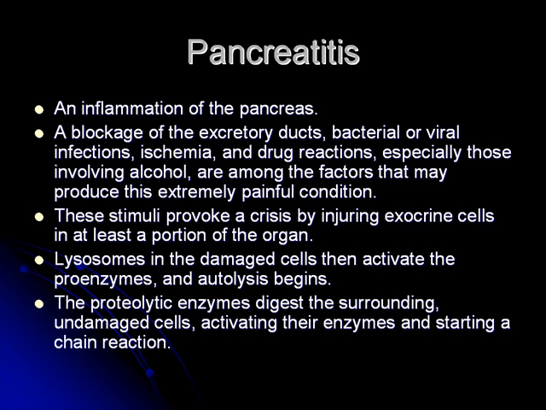These stimuli provoke a crisis which can injure exocrine cells and at least a portion of the organ itself. Lysosomes in the damaged cells then activate the proenzymes and autolysis begins. Basically, the digestive enzymes of the pancreas itself begin to destroy the pancreatic tissue. Proteolytic enzymes digest the surrounding undamaged cells, activating their enzymes, starting an awful chain reaction.